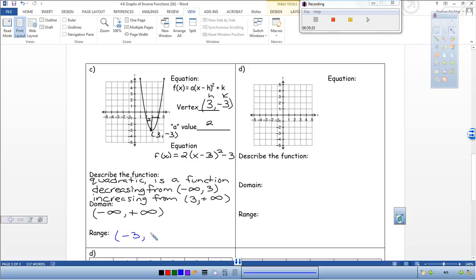What is the highest it will go? Infinity to positive infinity. Oh, and what did I do wrong? Can someone tell me what I did wrong there? No bracket. I can equal negative 3 here. I know, I was very excited about that. Bracket. Okay, remember this can be all real numbers. And this could also be x is greater than or equal to negative 3. Any questions over that?